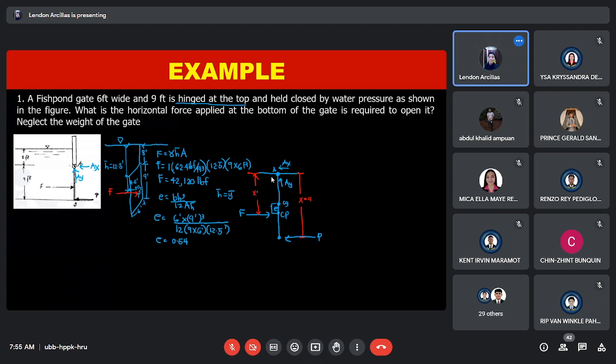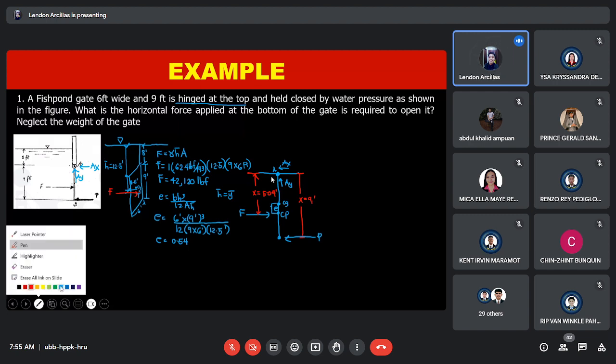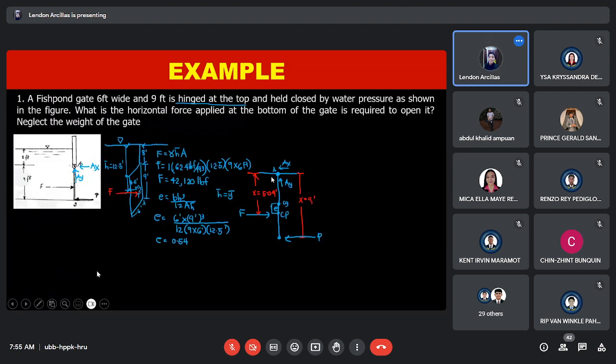Gets yon? So, that is his lever arm. Okay, naintindihan pa ito na part. This is just the height of the gate. Half is CG. So half of it is 4.5 plus the E, 0.54.